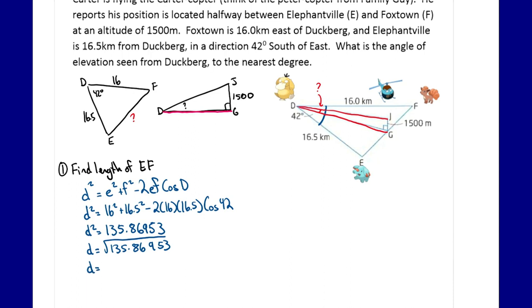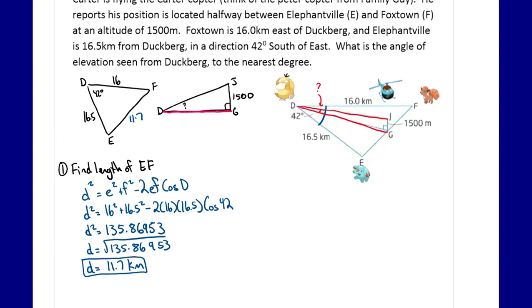I get d is equal to 11.7 kilometers. So now I know 11.7 kilometers is that distance. Now I know that other side length.